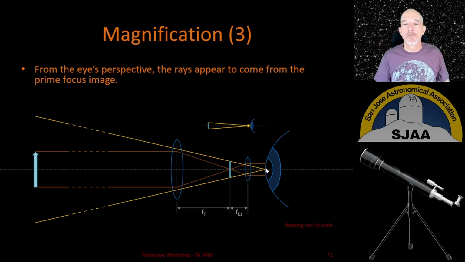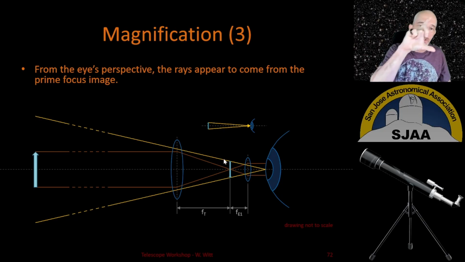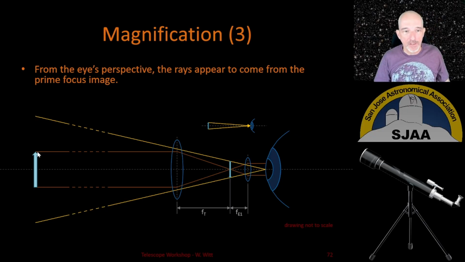So from the eye's perspective, it appears that rays are coming from here and from here, towards the eye. That's the equivalent of what we had here without any lenses at all. Notice that the shape of this light cone that's coming from the prime focus image is much steeper. It's a much different cone than if we were just receiving light directly from the object here.